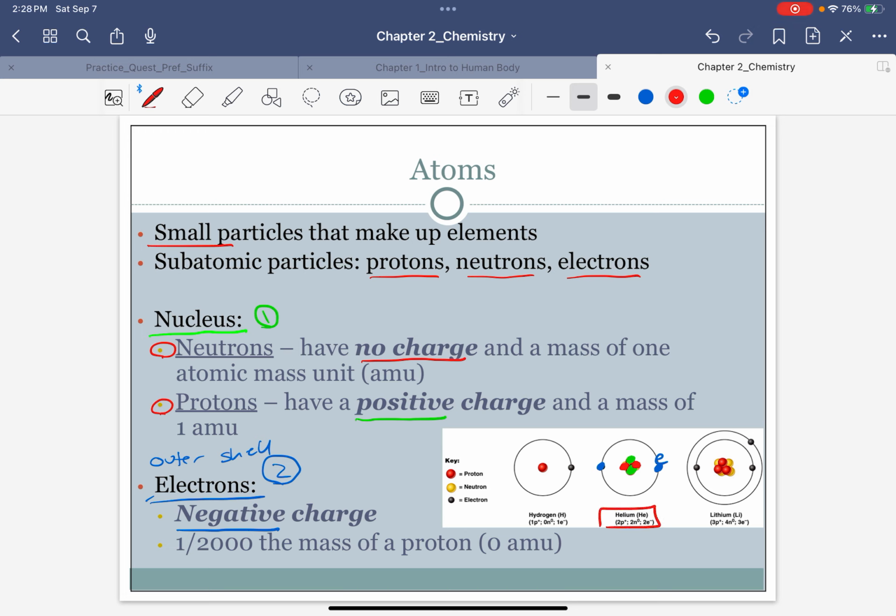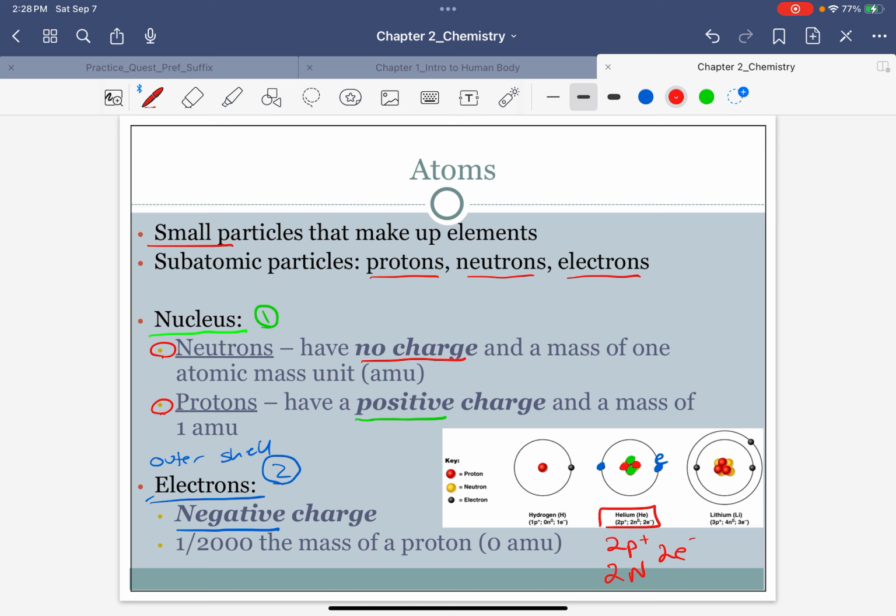Helium happens to have 2 protons. Protons are positively charged. 2 neutrons, no charge. And 2 electrons, negative charge.